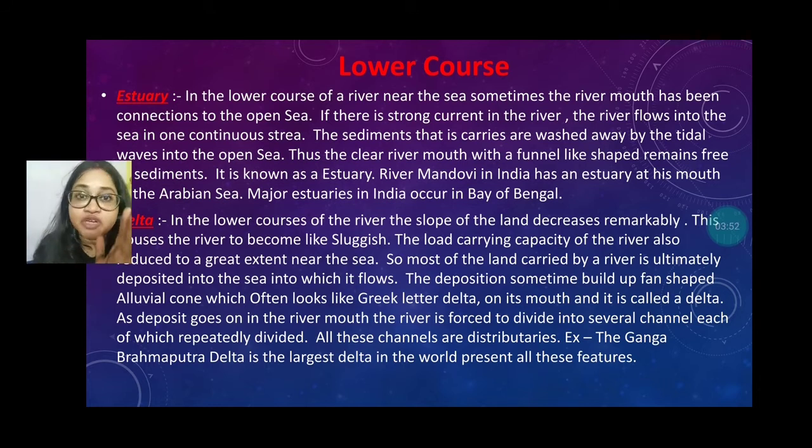In our next page you can see the picture of a delta. You can see one river divided into several channels due to the depositional work, which also repeatedly divide. All these channels are distributaries. As an example, the Ganga Brahmaputra delta is the largest delta in the world.